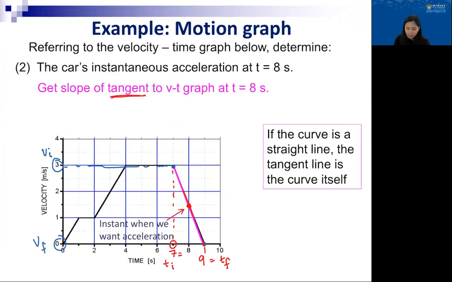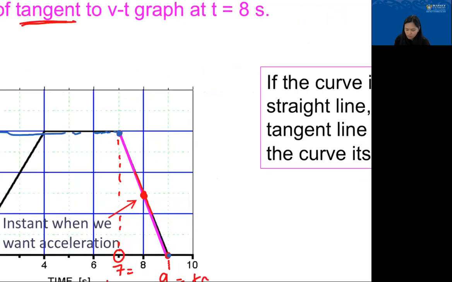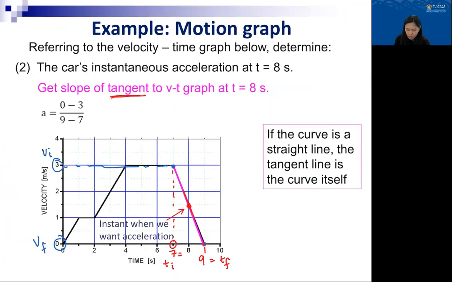Okay, so then if we solve for the slope, you have your final velocity 0 minus your initial velocity 3 divided by your final time 9 minus your initial time 7. And that will give you an instantaneous acceleration of negative 1.5 meters per second squared.